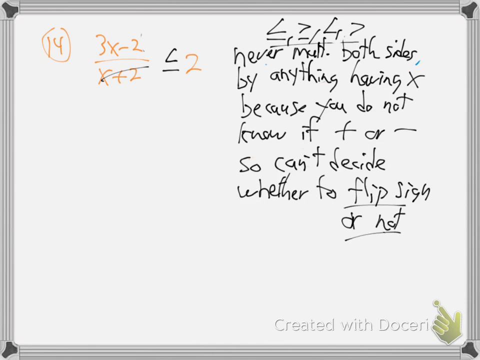So that's the deal. You cannot multiply both sides by anything having an x with a greater than, less than problem. Can't do it. You don't know whether to flip the symbol or not.